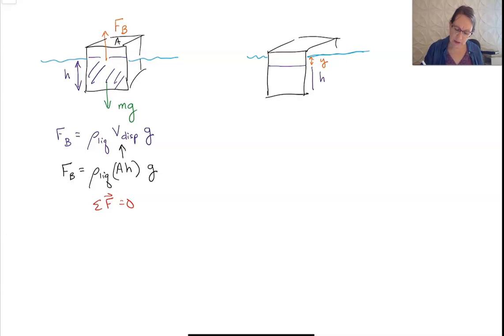In this case, notice we still have the same mg, but our buoyant force is going to be bigger, up, right? Because our buoyant force is equal to the density of the liquid that's displaced, times the volume, which would be h plus this y now, that full height under the water, times A, times g.